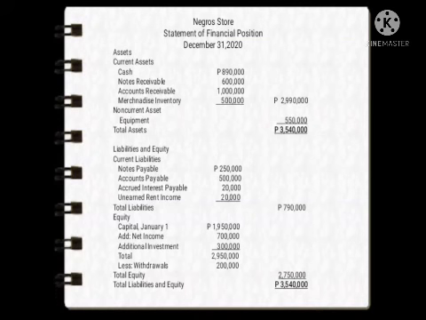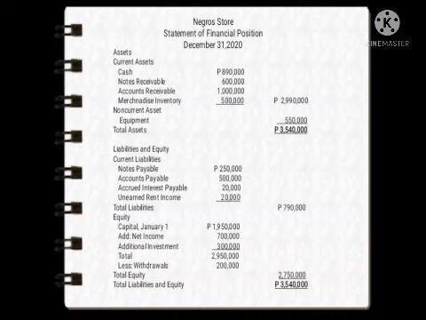And the liability and equity for the year is first the current liabilities from the notes payable, accounts payable, accrued interest payable, and earned rent income totaled to 790,000 pesos. And the equity from the capital January 1, which is 1,950,000, add the net income, which is 700,000, plus the additional investment 300,000, with a total of 2,950,000 less the withdrawals of 200,000.